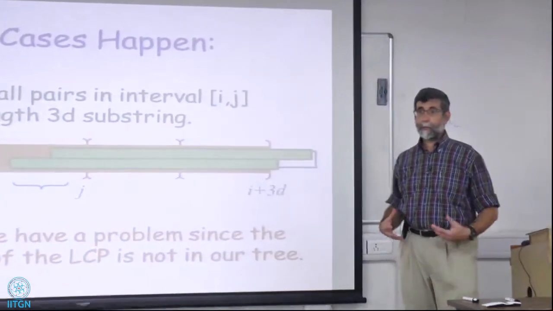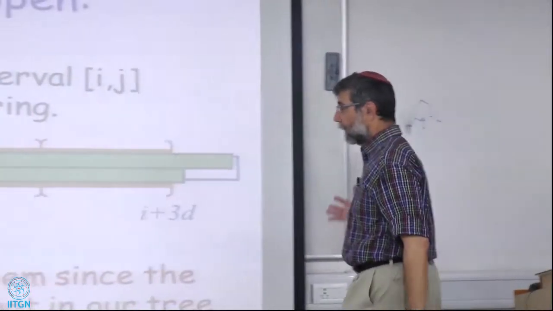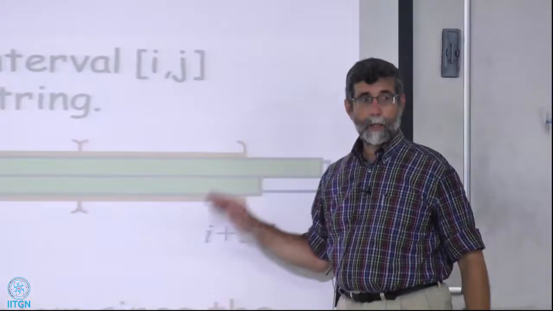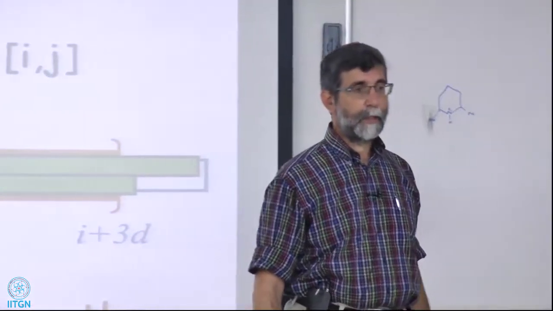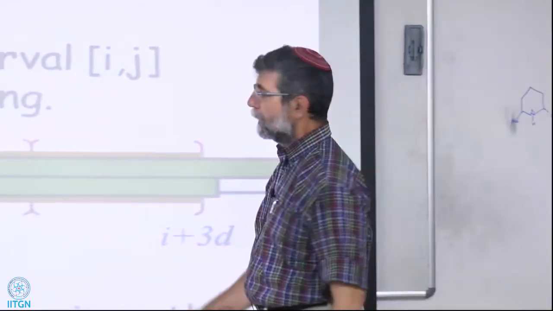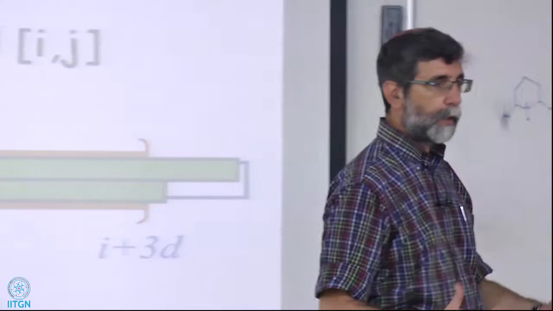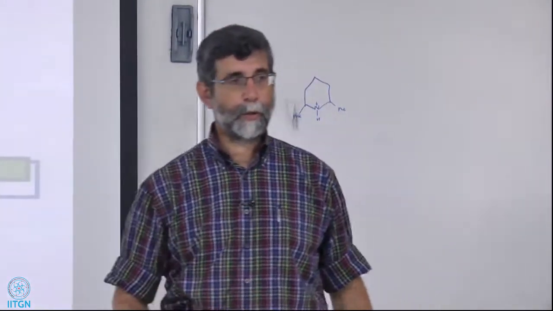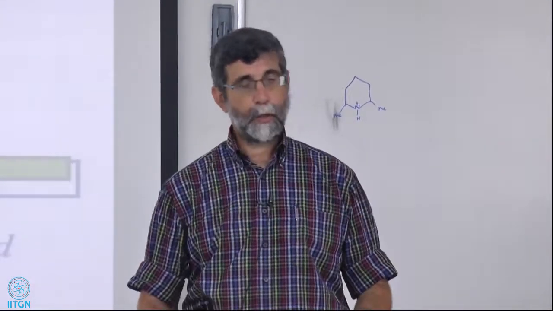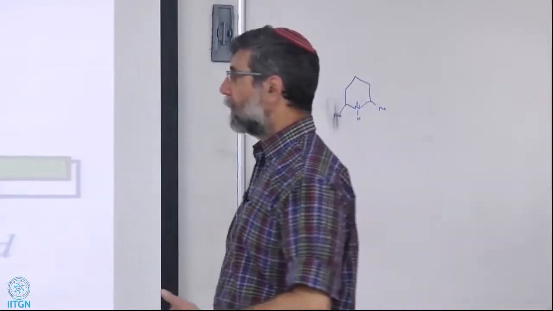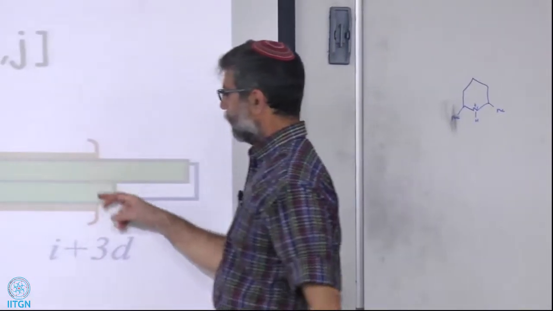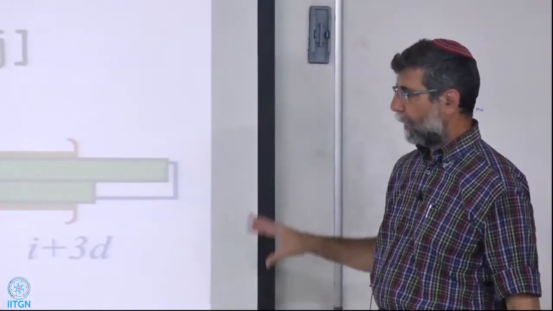And so at that point, we don't know how far it extends because we did not construct the suffix tree of the entire thing. And if we did construct the suffix tree of the entire thing to find out what is the max LCP that has children from I and J, it would mean O of n, because we would need to look at all of its nodes in order to see what node actually has children from IJ. So it seems like we are stymied here, except for one thing.